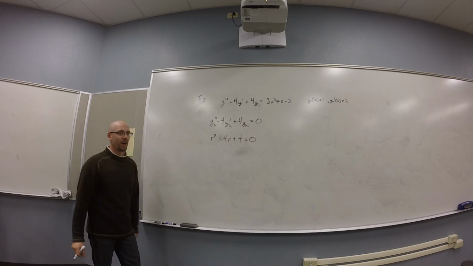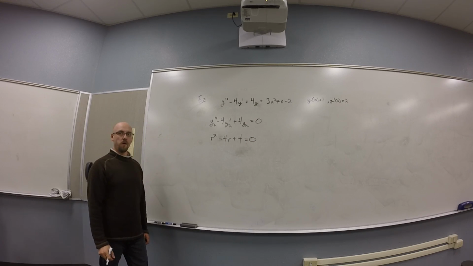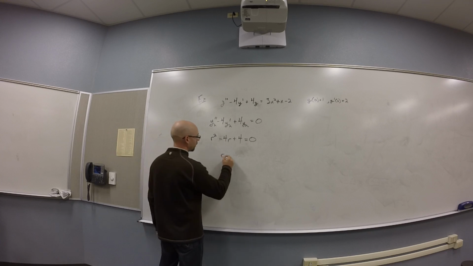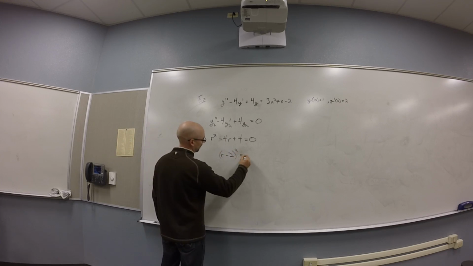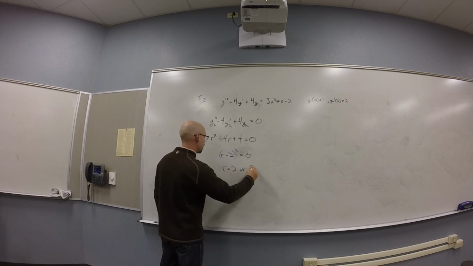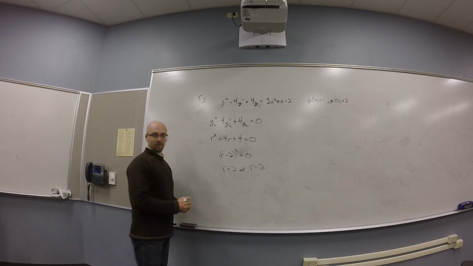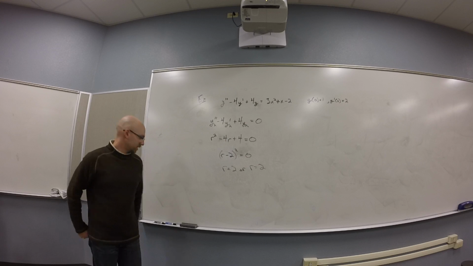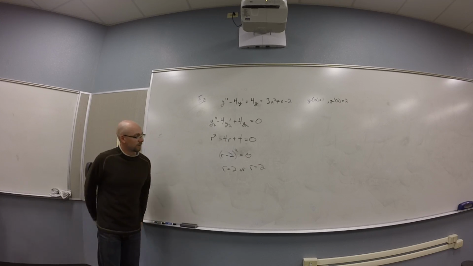Okay, so that factors into r minus 2 squared. That tells me r is 2 or r is 2. What do I do with that information?